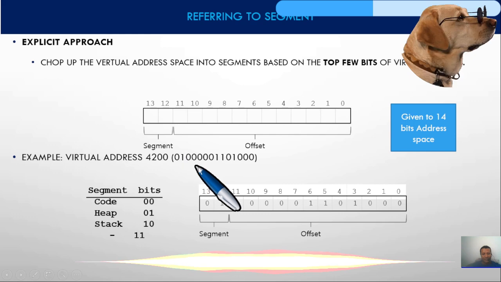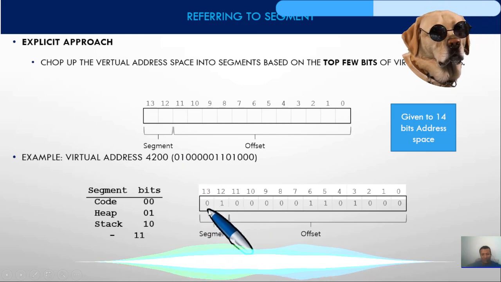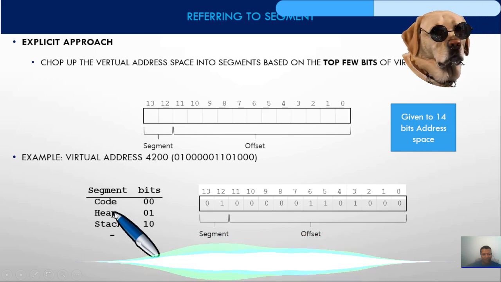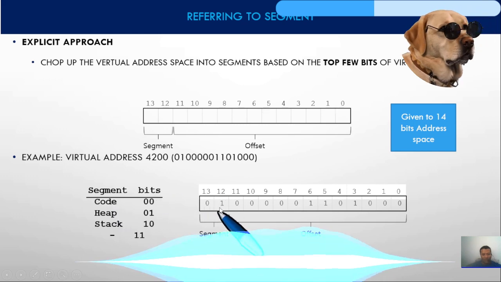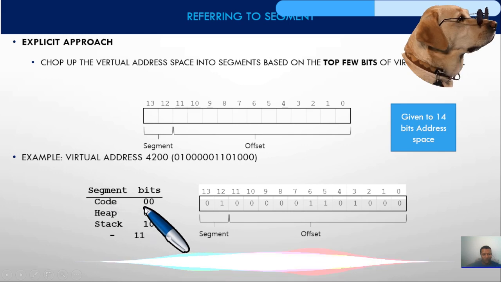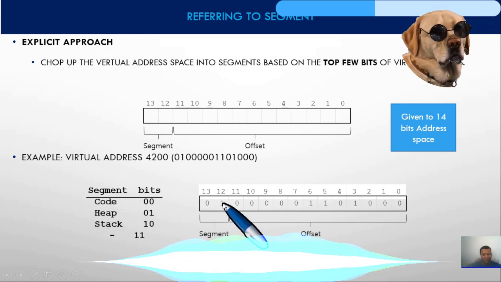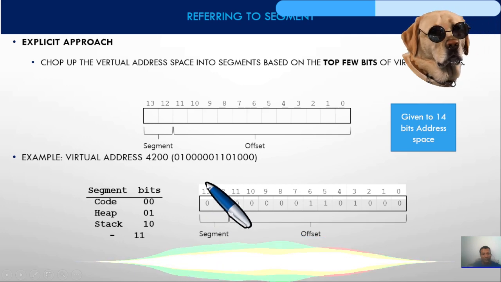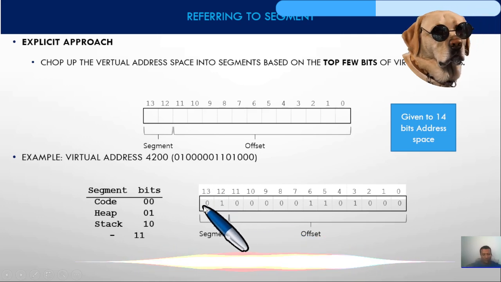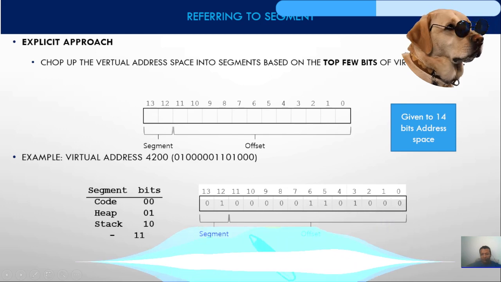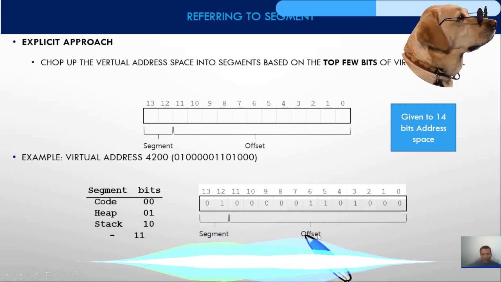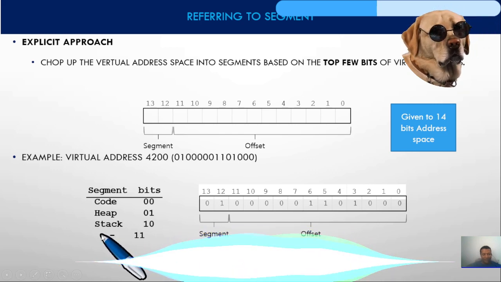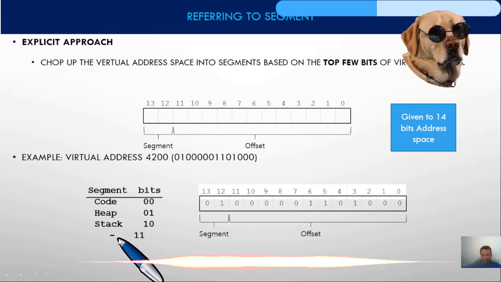If the first 2 bits are 01, the segment is the heap. If they are 00, it is in the code. If it is 10, it is in the stack. In this way we can identify the segment. The rest is the offset information. And if it is 11, then it is other locations of memory.